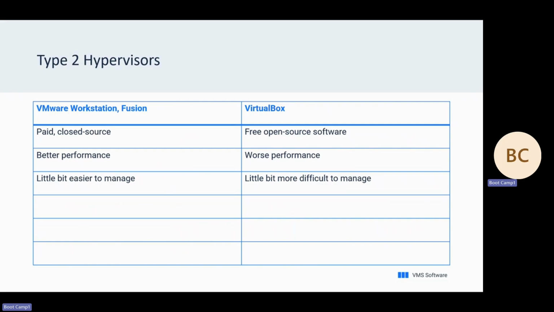VMware Workstation, this is one I haven't put on this slide, but VMware Workstation plays well with Windows 11. VirtualBox, you have to go through some hoops to make absolutely certain that you've removed any trace of Hyper-V.